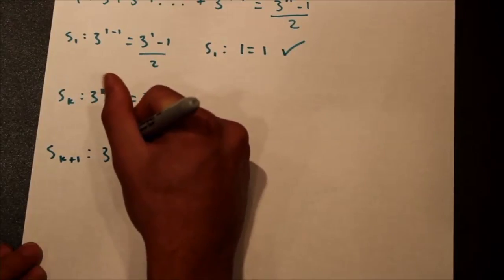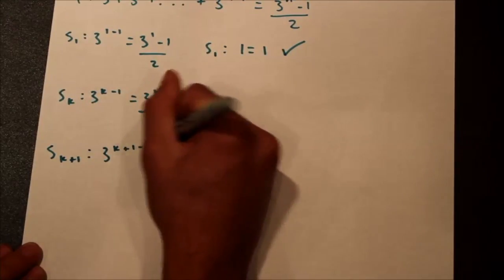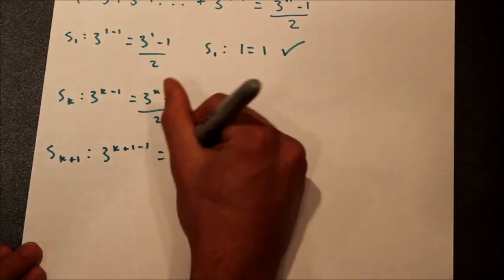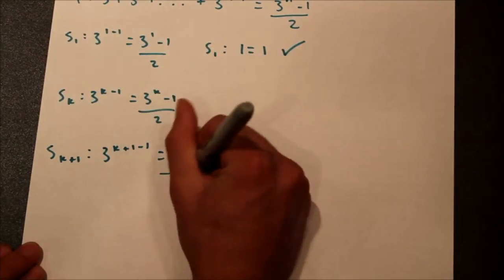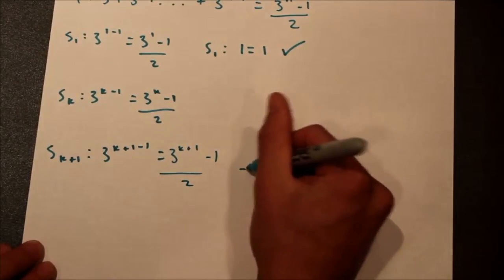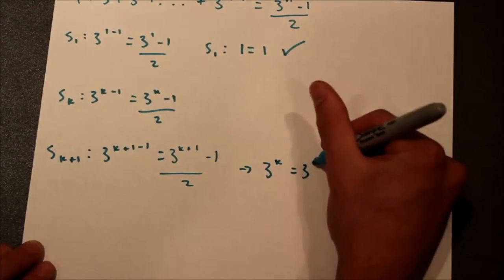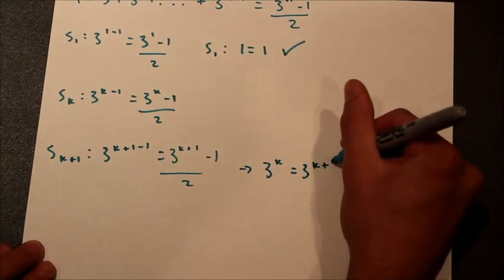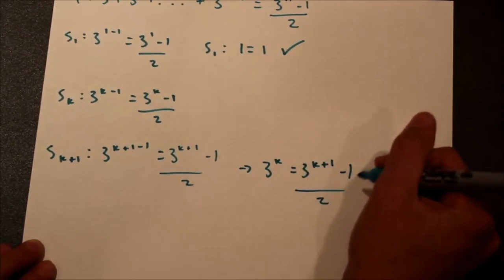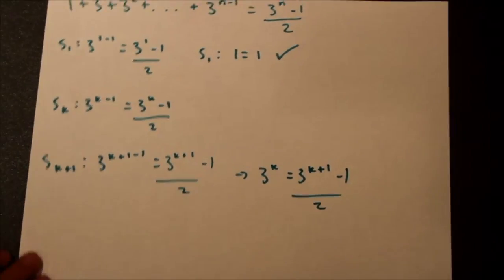We must show that if Sk is true, then Sk plus 1 is true in order to prove that the statement is true for every positive integer n. Now we will use Sk to prove that Sk plus 1 is true.